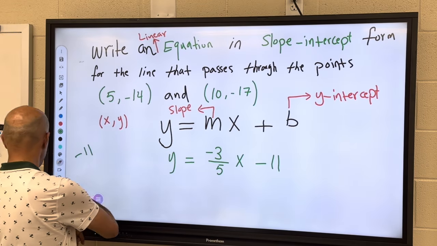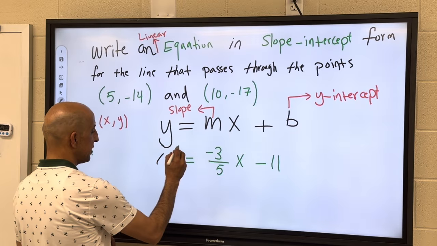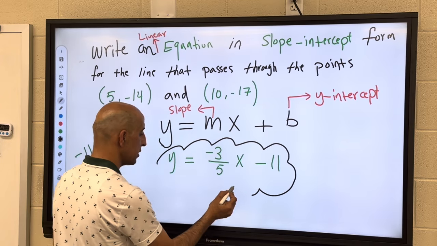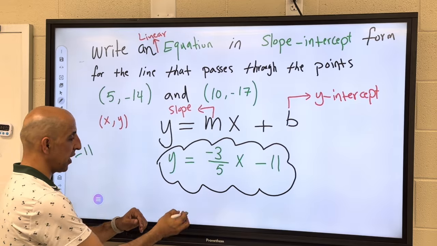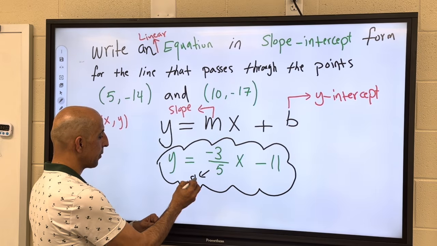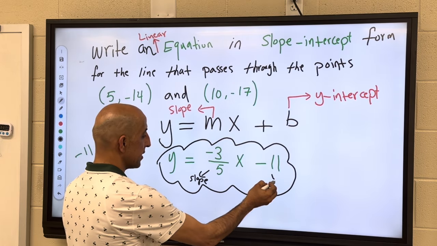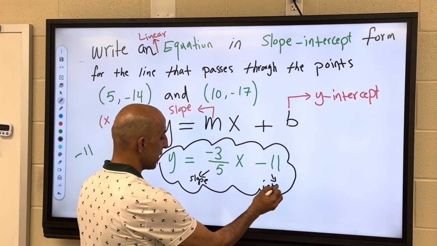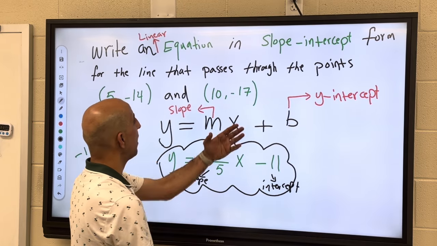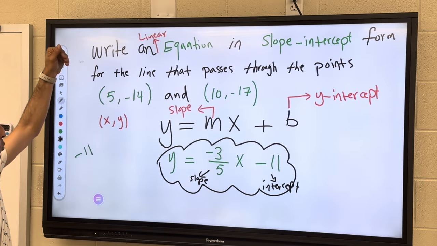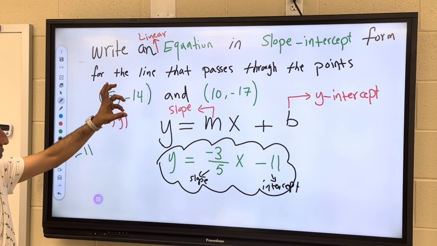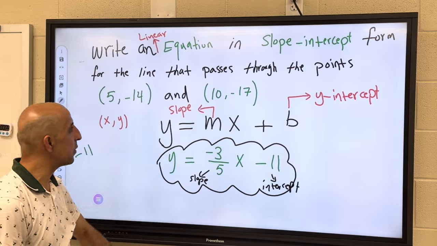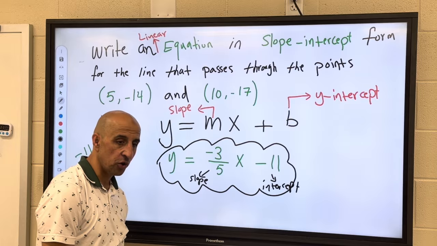This is y. We found the equation, and here is the slope and here is the y-intercept. So we answered the question and wrote the linear equation in the slope-intercept form.